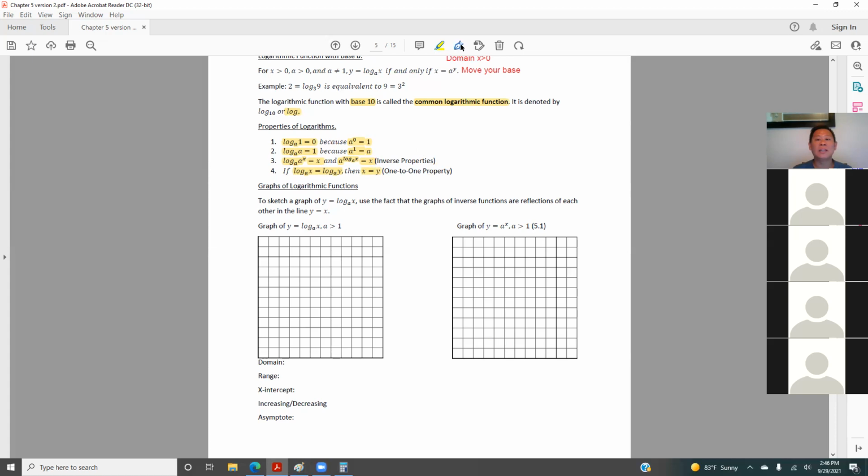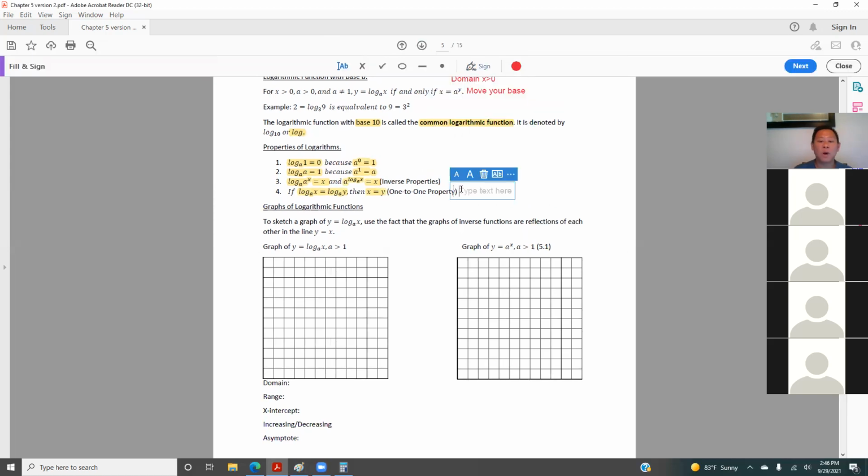This is used a lot when you want to solve a log equation with the same base.